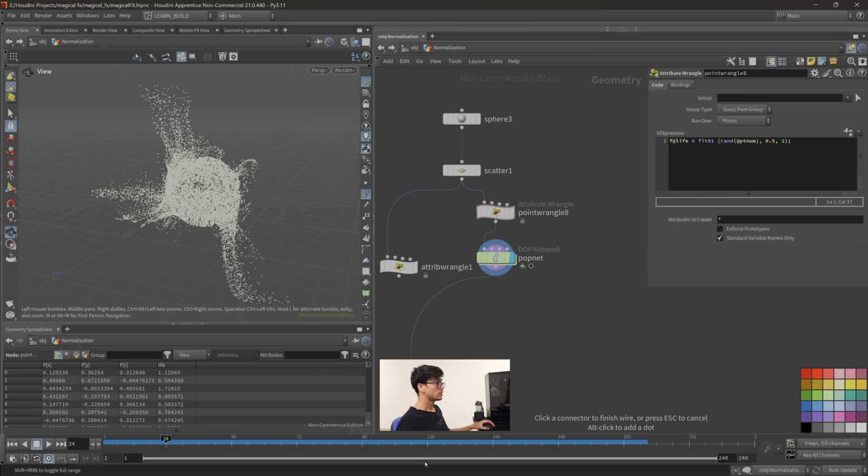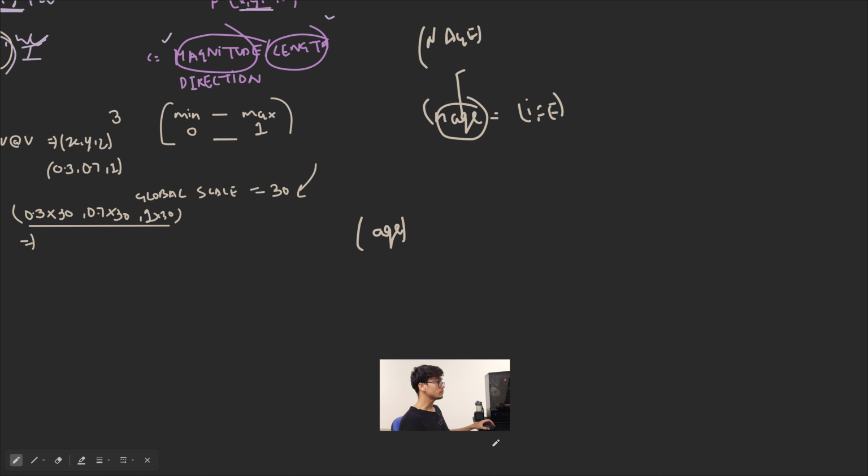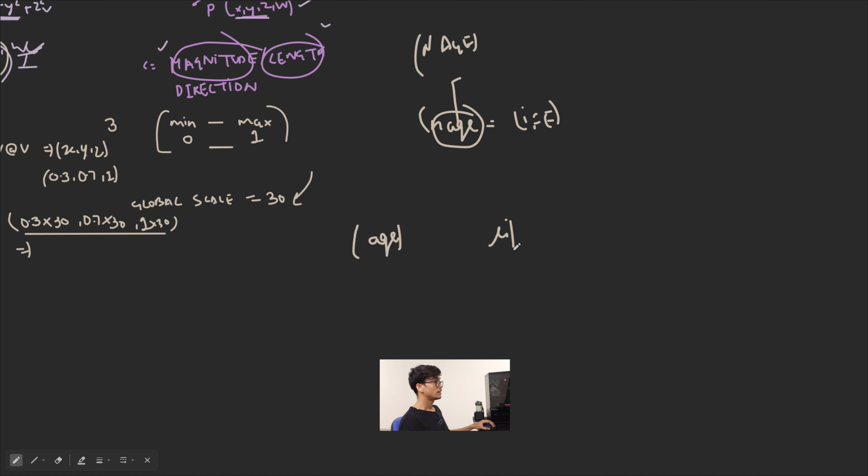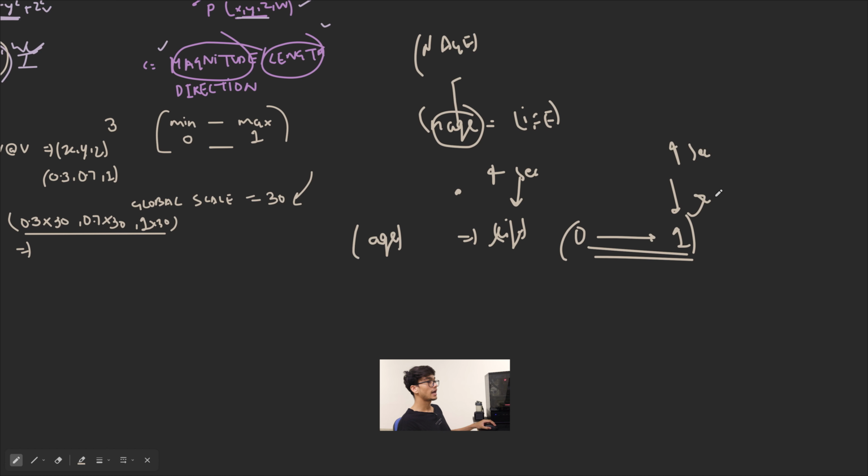Life is their complete lifetime, and we can represent this from 0 to 1. This is their entire period. If a particle has a life of 4 seconds, that means at 1 it will be 4 seconds and that particle will die.